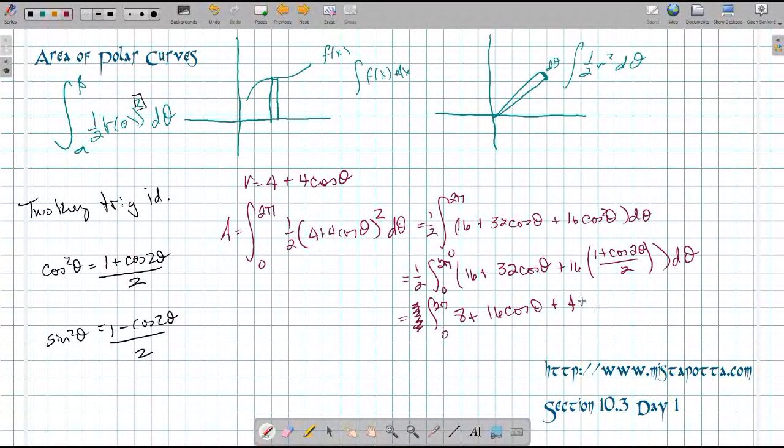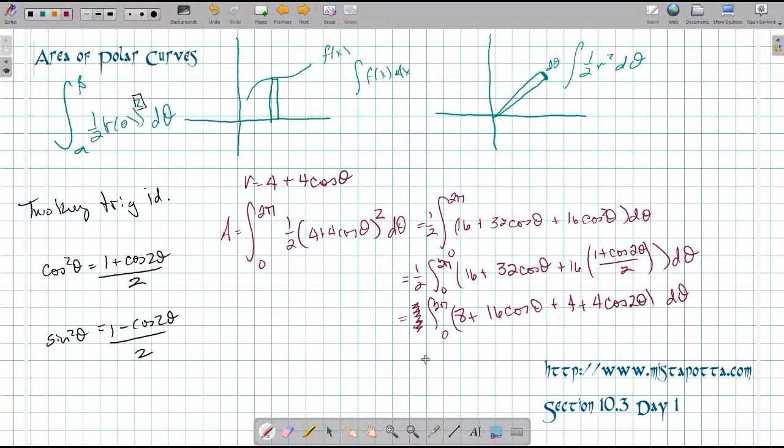So this is really 4 plus 4 cosine 2 theta. And I'm going to be integrating that d theta.